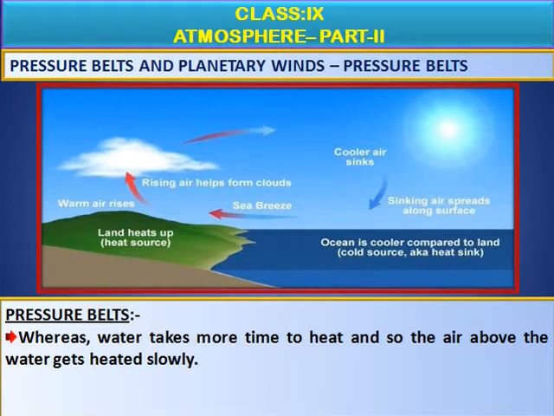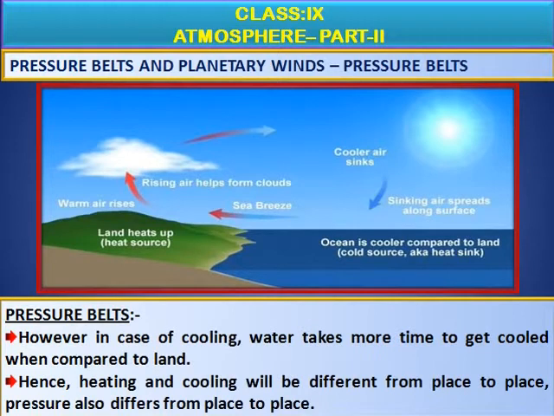Whereas water takes more time to heat, and so the air above water gets heated slowly. However, in case of cooling, water takes more time to get cooled when compared to land. Hence, heating and cooling will be different from place to place. Pressure also differs from place to place.